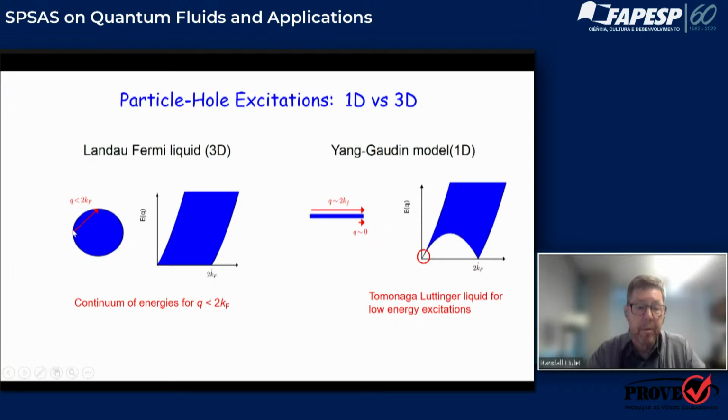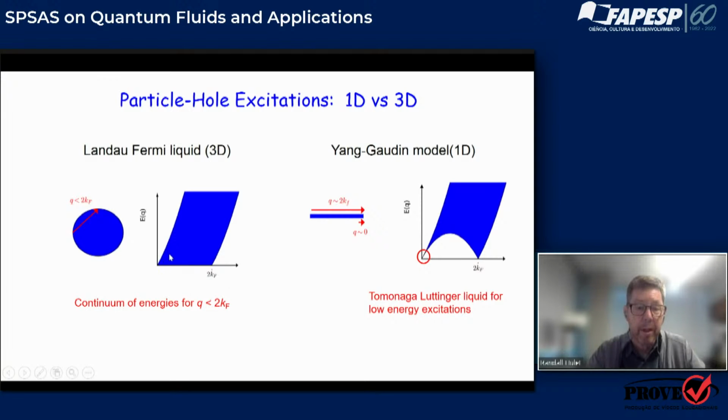And so if you have some momentum transfer Q, it has to be less than 2 kF to stay on the Fermi surface, but it can be anything between 0 momentum and 2 kF in momentum space.